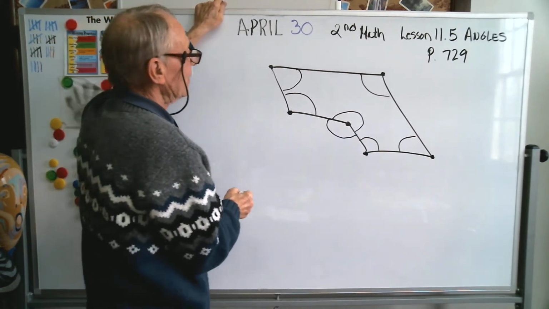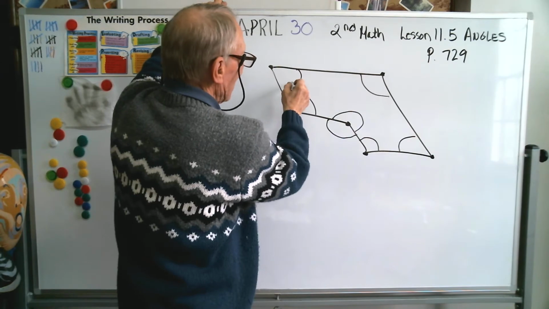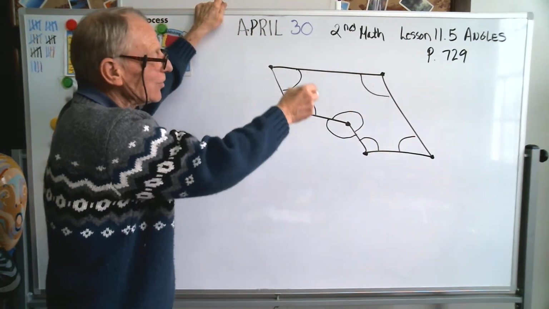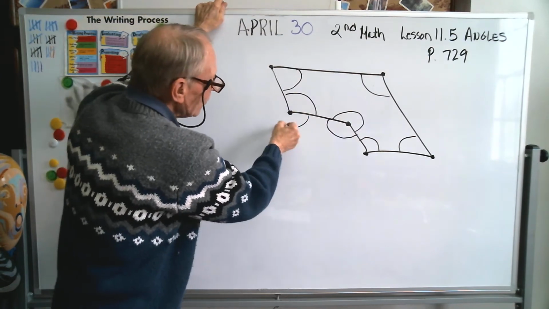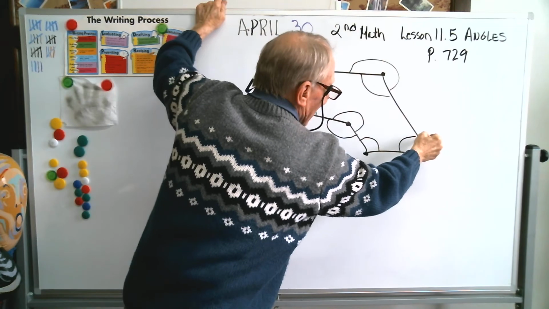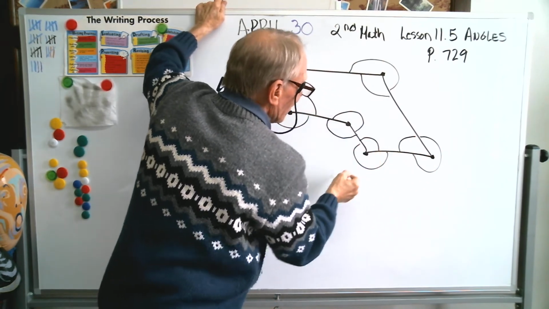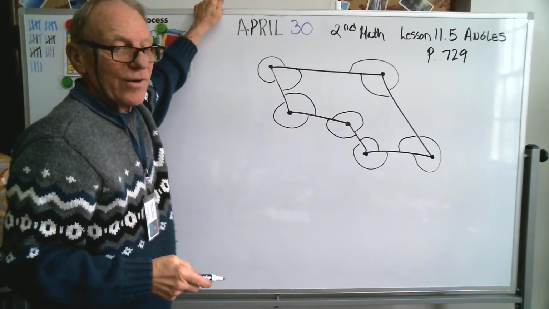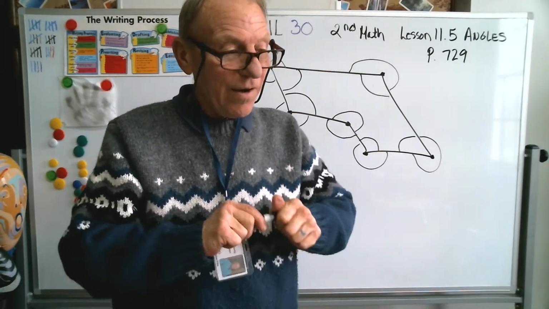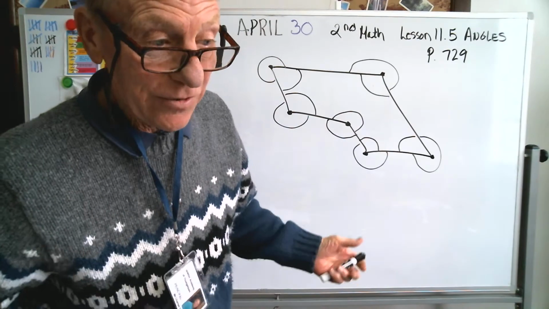And within that, you have 1, 2, 3, 4, 5, 6 angles on the inside. You also have angles that appear on the outside as well. But we're mostly going to be interested in the angles that appear on the inside of these lines of these different shapes.